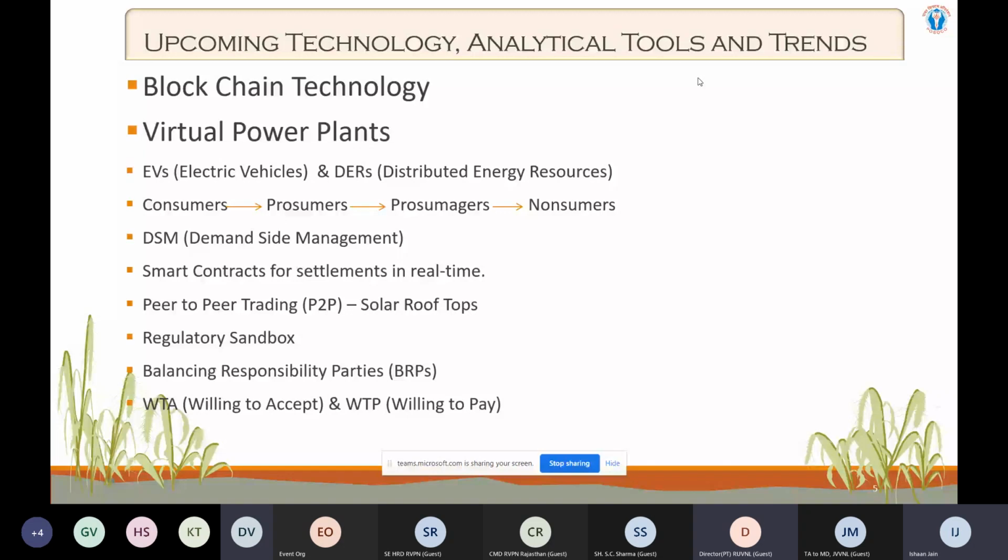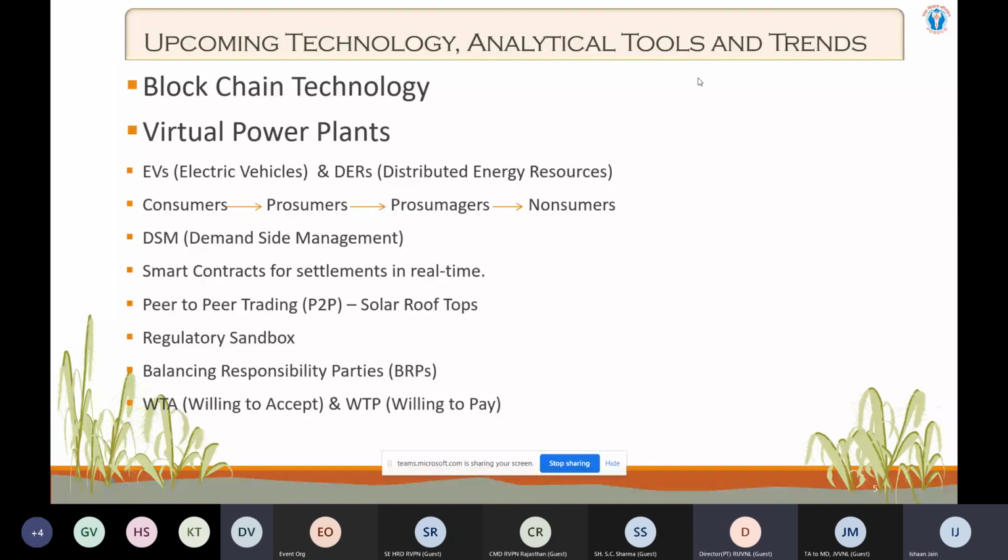Balancing responsible parties already exist across the globe. This will definitely come in future, as you can see that the ancillary service regulation has already come. In that case, these parties or aggregators will come into the picture, identifying the persons who are willing to accept the power cut, and some parties will supply the electricity in crunch times, or peak times.